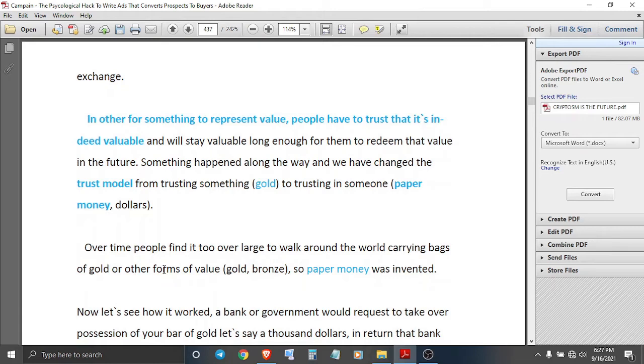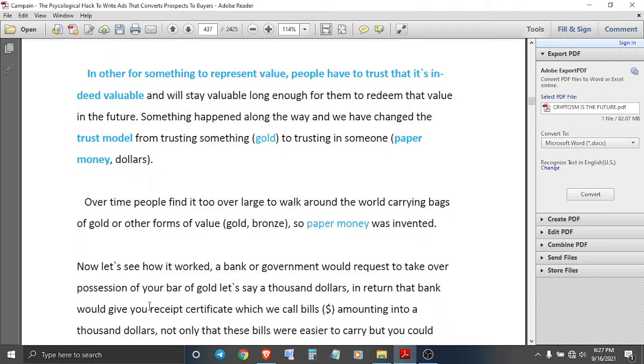Now the government was known then. Because of this, the government initiated what is called the paper receipt. People were complaining about the stress of carrying so much gold to exchange for their wants.